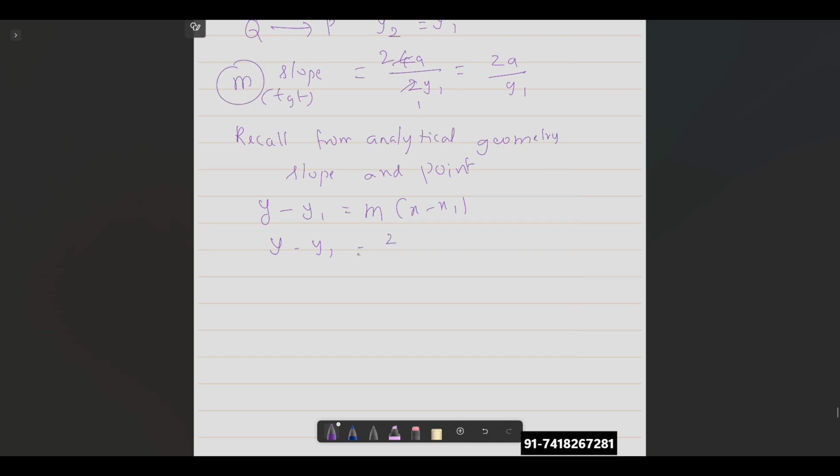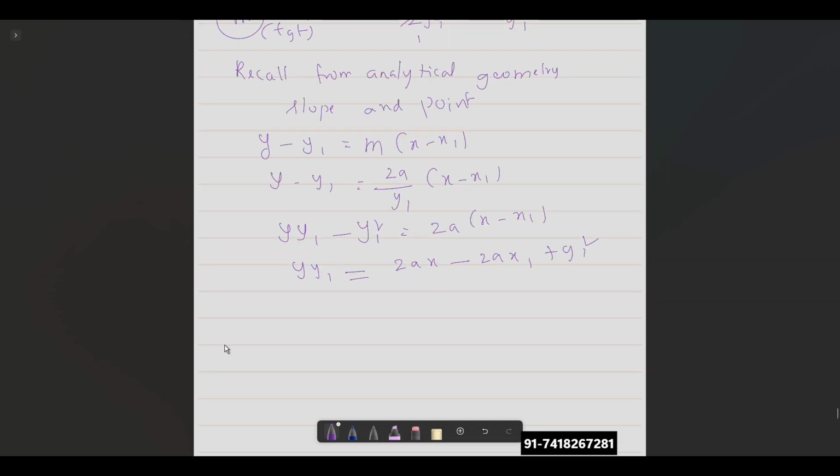So m is 2a divided by y1 into x minus x1. If you multiply with this, it will become y into y1 minus y1 square equals 2a into x minus x1. So y into y1 minus this y1 square goes that side, then it becomes 2ax minus 2ax1.